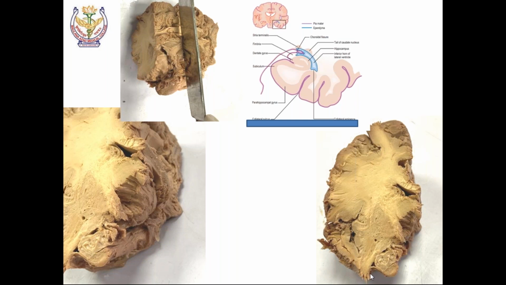But if it was there, you could have appreciated there's a sulcus here, which is projecting medially, called the collateral sulcus. This is medial, it's a little lateral over here, collateral sulcus. And this is the cavity which we are talking about, that is the inferior horn of the lateral ventricle.